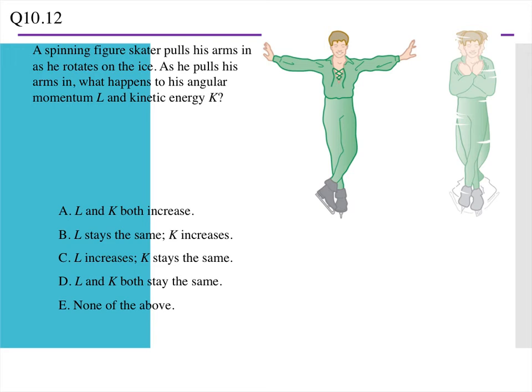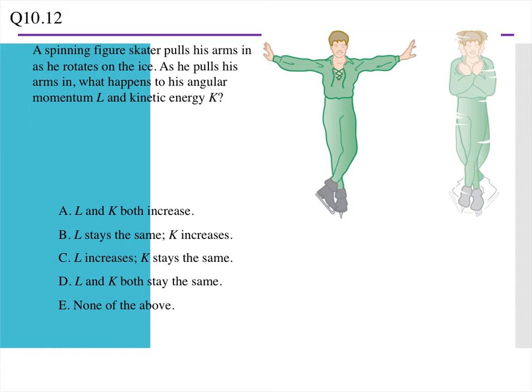Another interesting question is for the figure skater, again pointing out that this problem is essentially the same as the man on the stool. What is going to happen to the angular momentum and kinetic energy of him as he pulls his arms in?